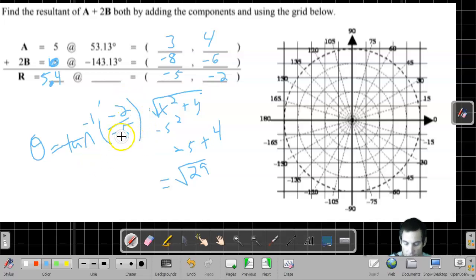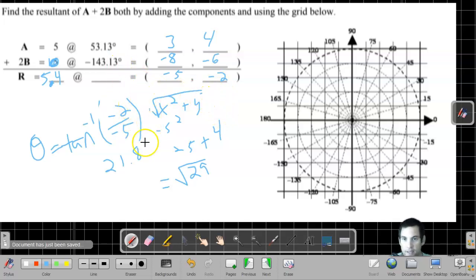When you put that in, you're going to get 21.8. No, can't be 21.8. Remember, that is 180 degrees off. So the denominator is negative. Tan theta is going to give 180 degrees off of the right answer.